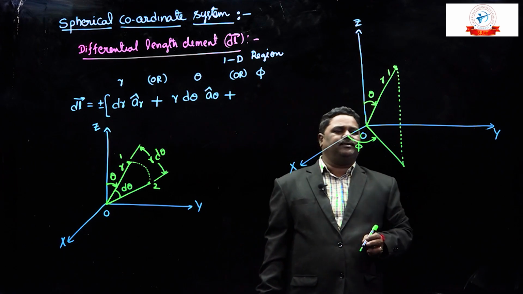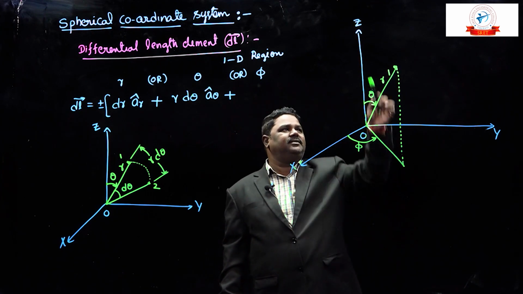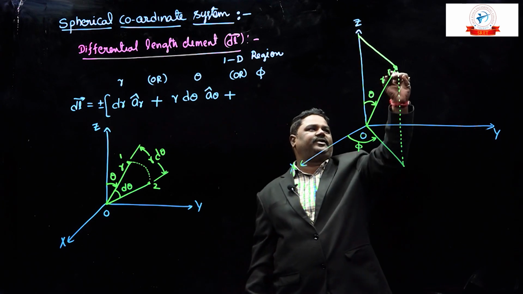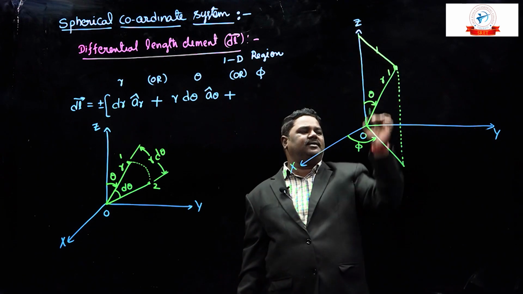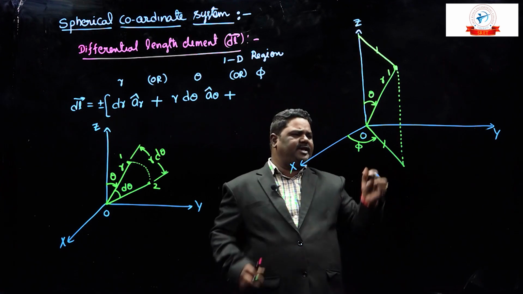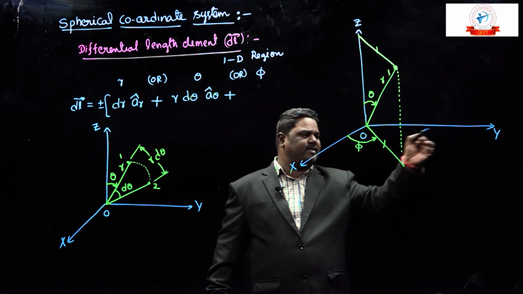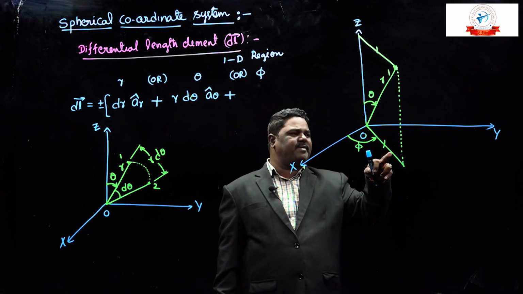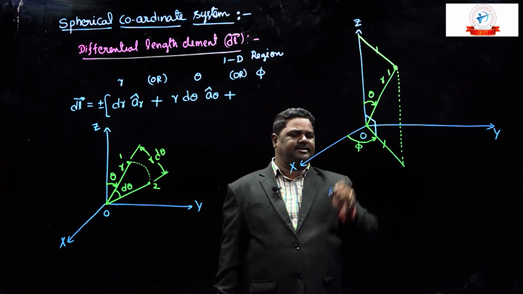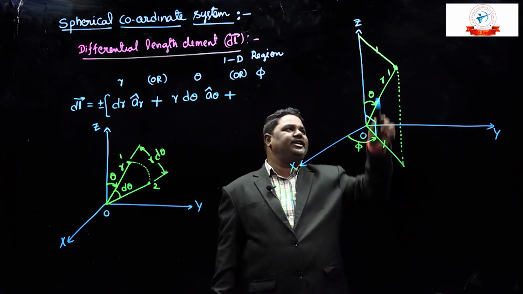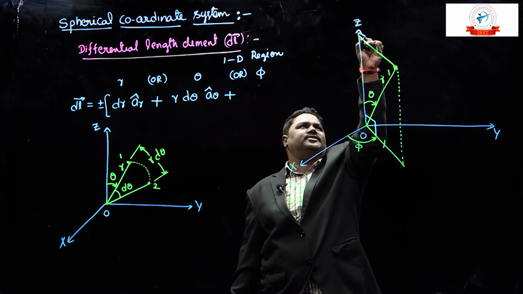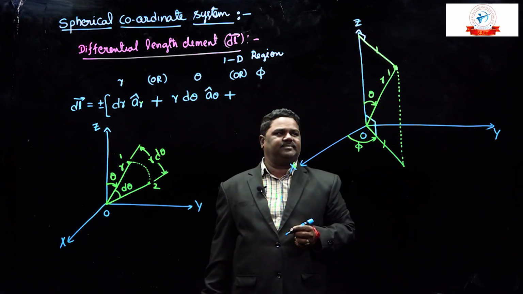Now I will draw a parallel line here. The length of this line and this line are both the same, and this line is exactly on the xy plane. So if this line is on the xy plane, what is the angle made with the z-axis? 90 degrees. Similarly these two are parallel lines, so this line also makes 90 degrees with the z-axis.